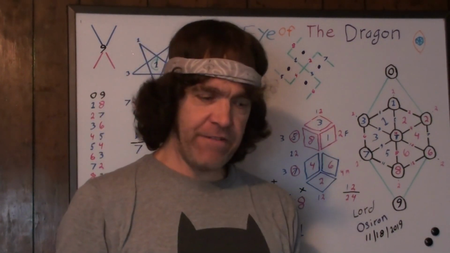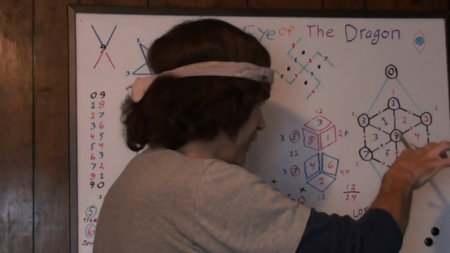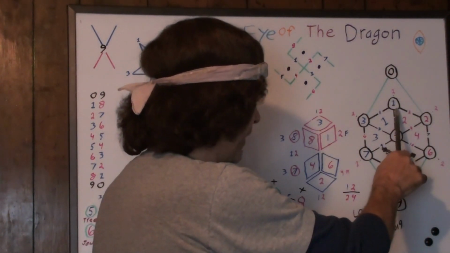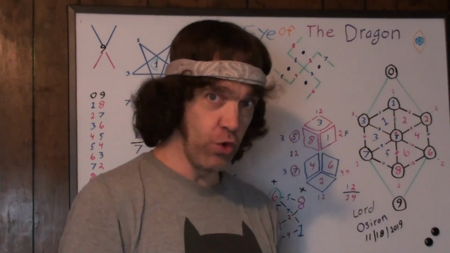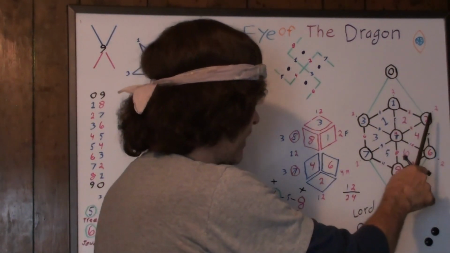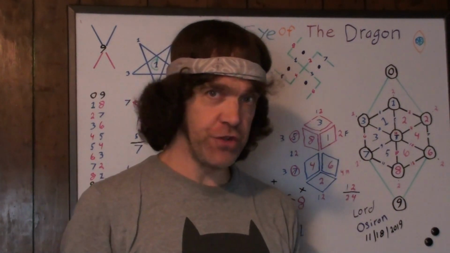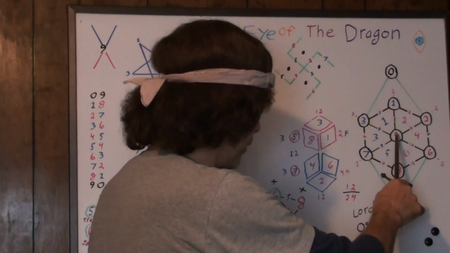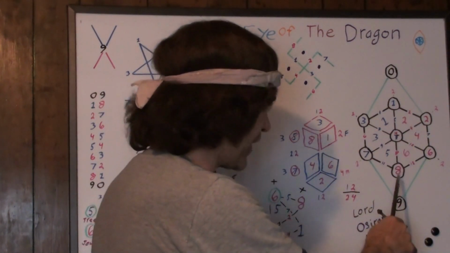Using the tree of life structure, where this is feminine, this is masculine, and this is a fusion of the two, what you see is this top number is actually feminine, and then it goes to the masculine. So it does follow the rule: feminine first, then masculine, and then feminine, all the way down. The middle is a fusion of the two because it starts out with feminine, then becomes masculine with the 4, and then the lower one is feminine, and it ends with masculine with the 8.